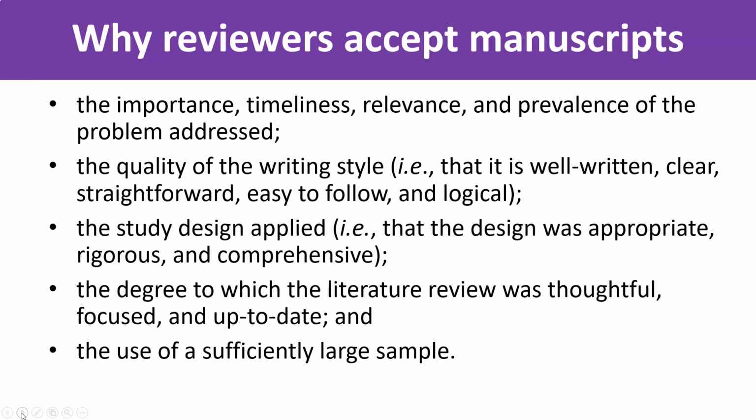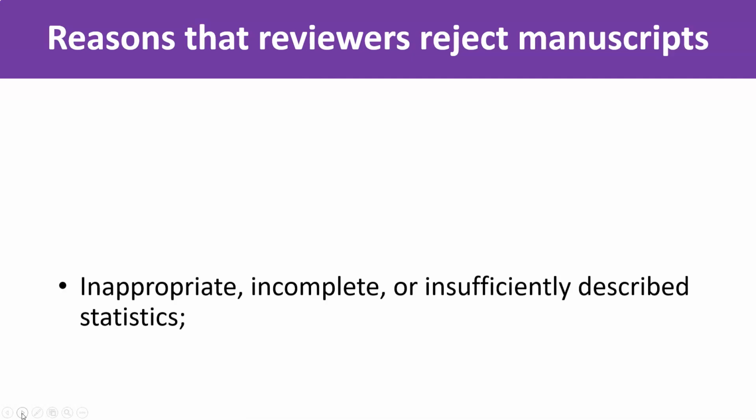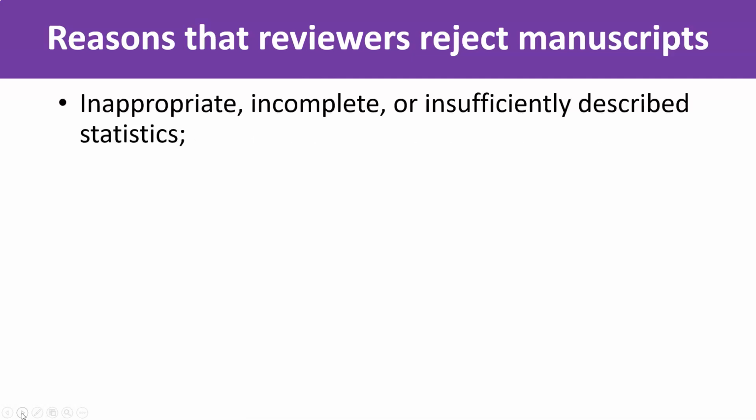Now let's see, how about those papers that are rejected by reviewers? What are some of the reasons given for rejecting papers for publication in journals? One is inappropriate, incomplete, or insufficiently described statistics. If your design is wrong, definitely the analysis on that design will be wrong too.